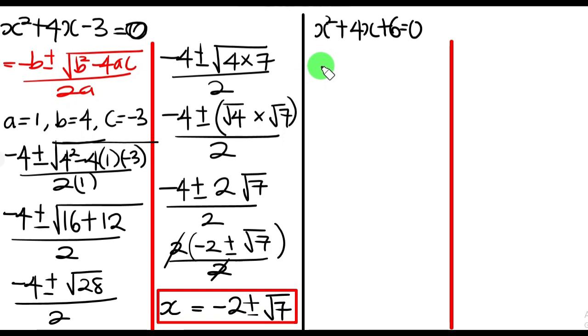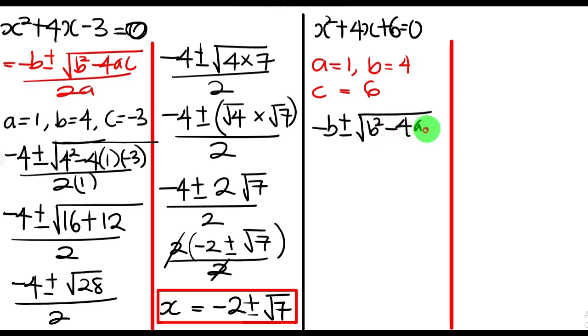In the second case, we're still using the quadratic formula. The value of a is equal to 1. The value of b still equals 4, while the value of c equals 6. Inserting these values into the formula, that is the formula that says minus b plus or minus the square root of b squared minus 4ac, everything over 2a.